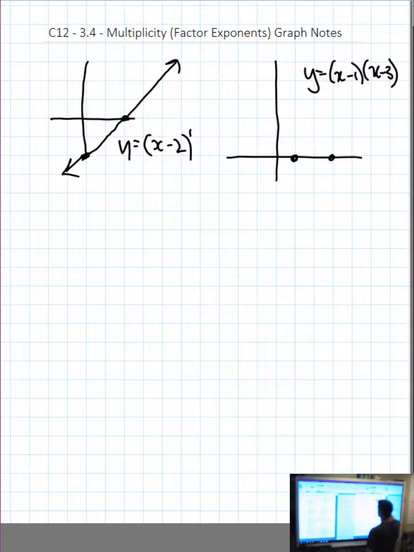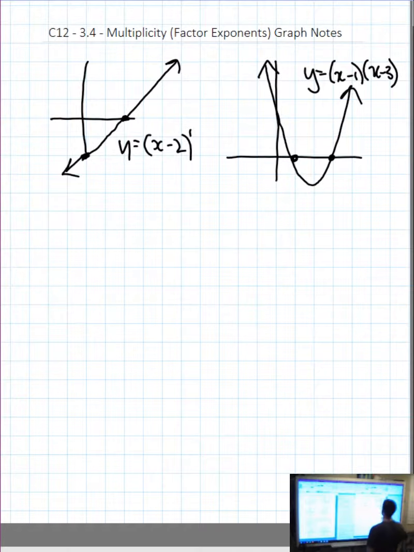And I'm going to forget about the y-intercept for a second, and the vertex, and I'm just going to draw that graph. But I know that if I have exponents of 1, like I did before, those exponents of 1 have x-intercepts where we go straight through the factor and come up through the other.